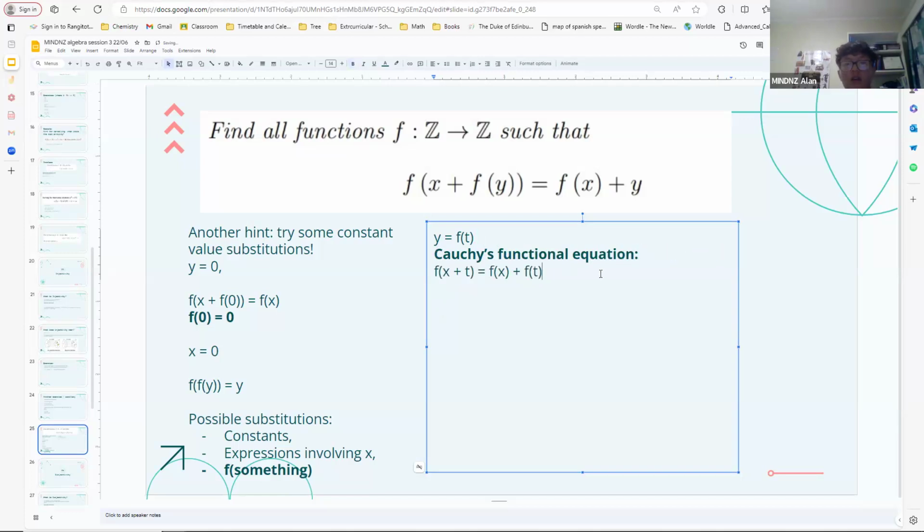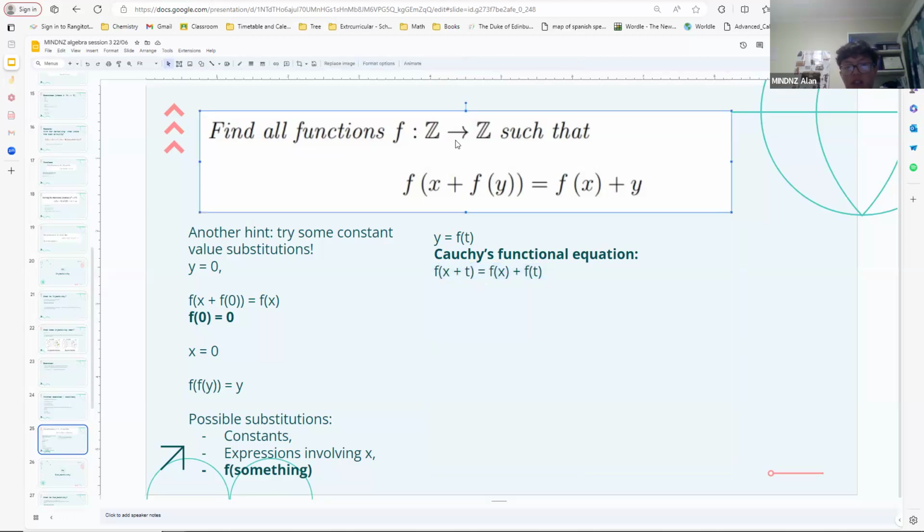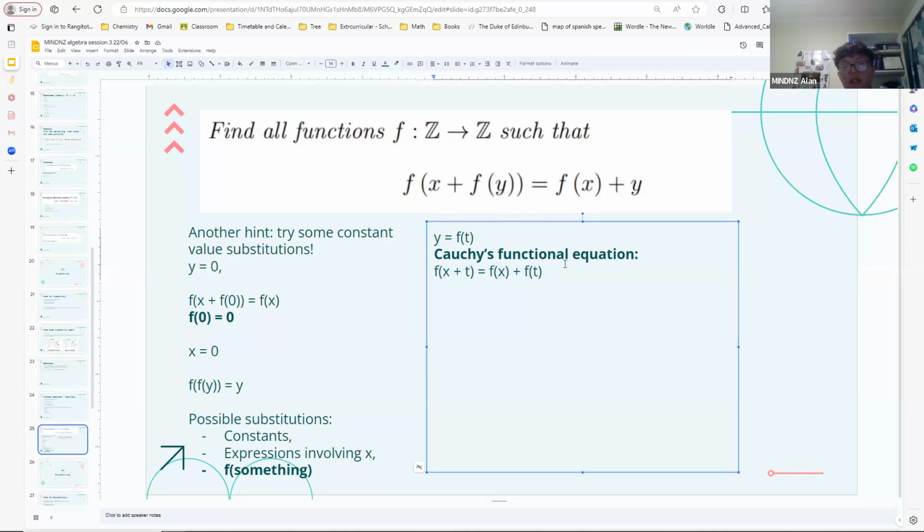And although this looks like it's very hard to approach, f is across the integers, right? So basically, what's the increment between integers? The increment between integers is always 1, plus or minus 1.